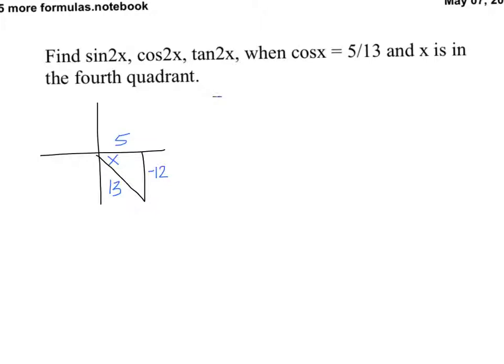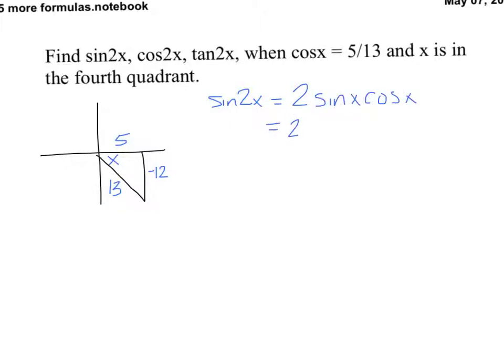Now I want to find the sine of 2x. Now I want to point out that 2x is not the same as x. You're not going to find the sine of x and then double it. This isn't a 2 sine x. This is a sine of 2x. So we can't just take these and double it. We have to use the formula. And the formula says that's going to be 2 sine x cosine x.